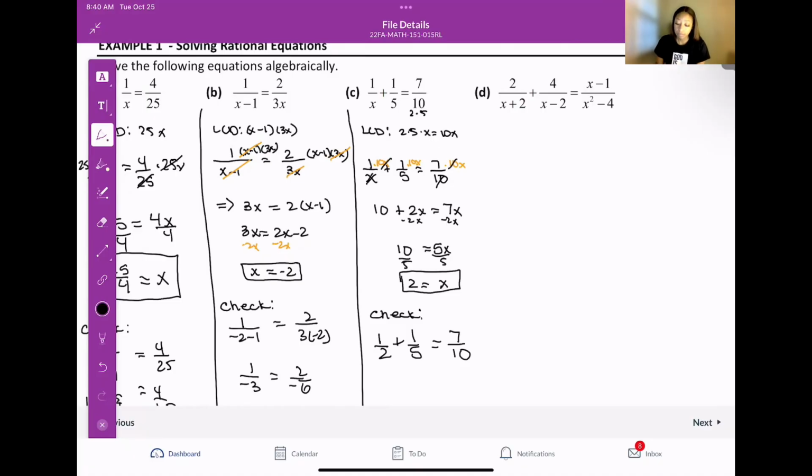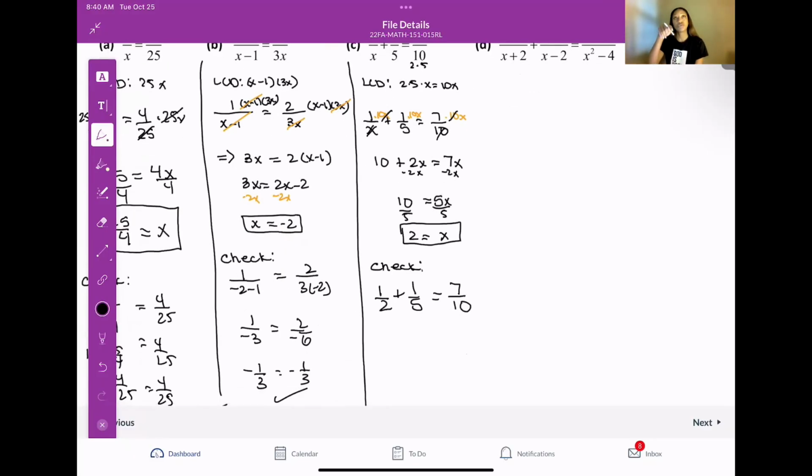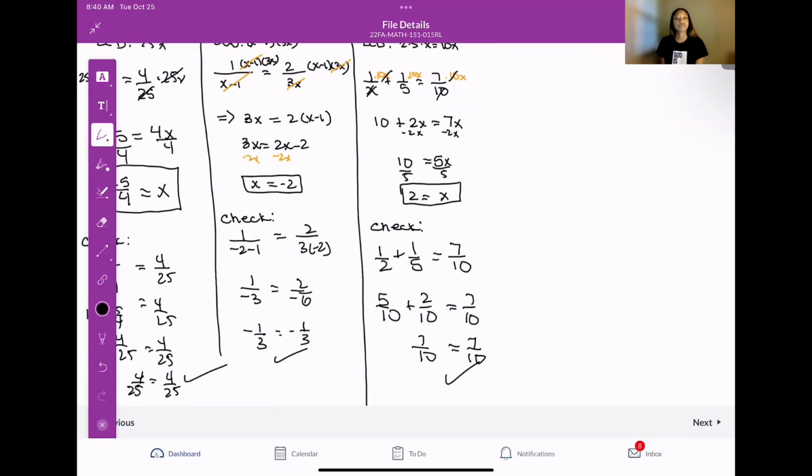So to add 1/2 and 1/5, we need to have a common denominator, which is 10. So we can write 1/2 as 5 over 10 and 1/5 as 2 over 10. And then we see that, yes, that very clearly equals 7 over 10. So this does indeed check out.